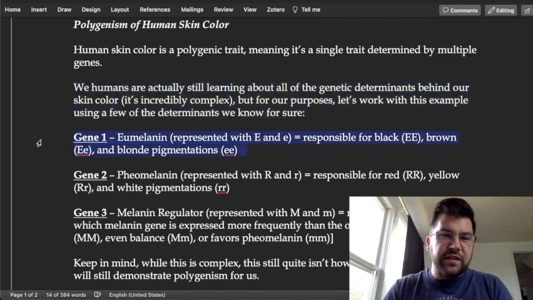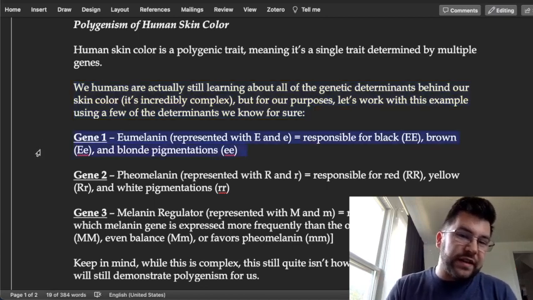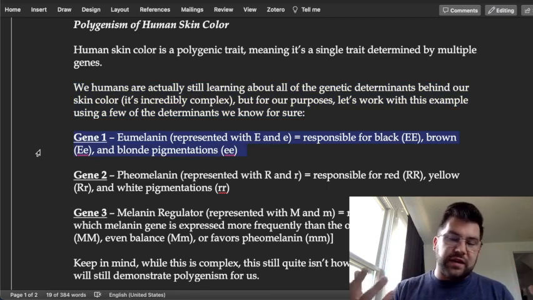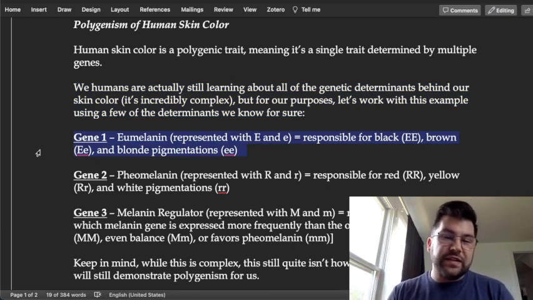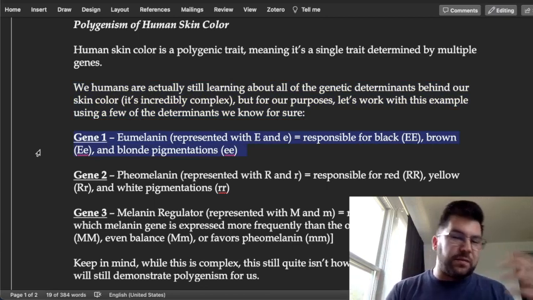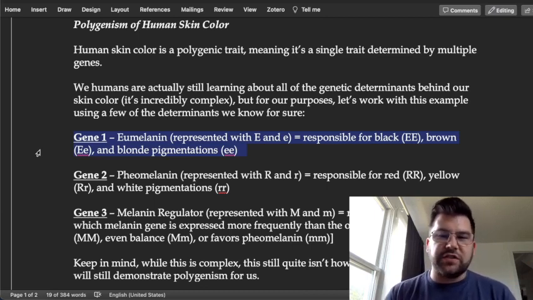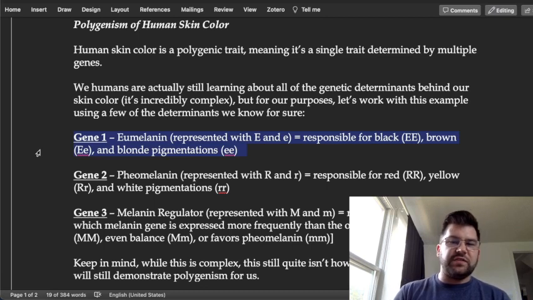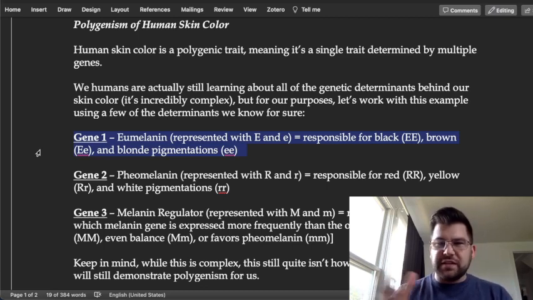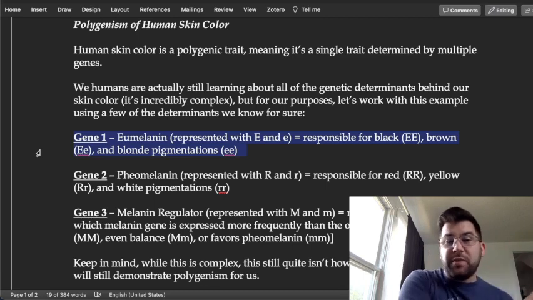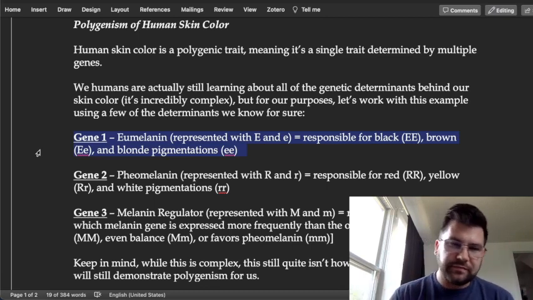So the first gene, this is a real gene, is called eumelanin, and I'm using the letter E to represent the alleles here, uppercase for dominant, lowercase for recessive. This is just basic pigmentation, the basic pigments we would find in our cells. Here we're going to see the basic spectrum from blacker pigments to blonder pigments.